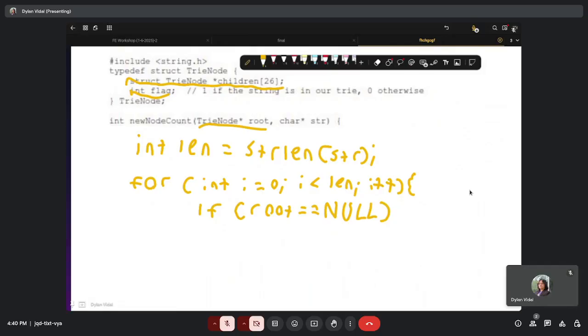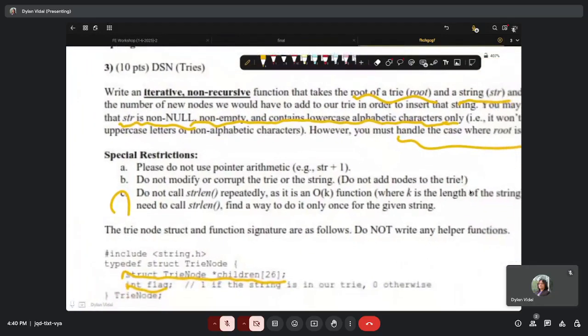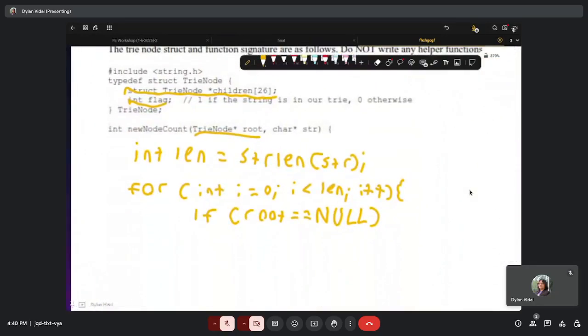Yes, exactly. So i represents where we are in the letters, and since we want to find how many nodes we have to add, the moment root turns null is also the moment where we have to start adding nodes. So i represents how many letters we went through so far, and if i stays at 0, then we have to put in all the new nodes.